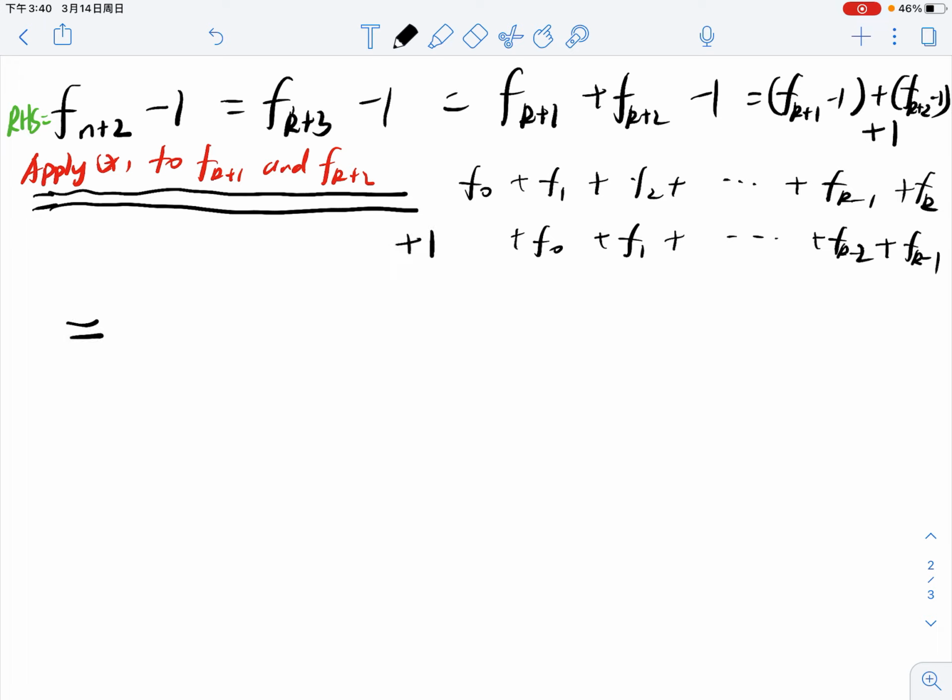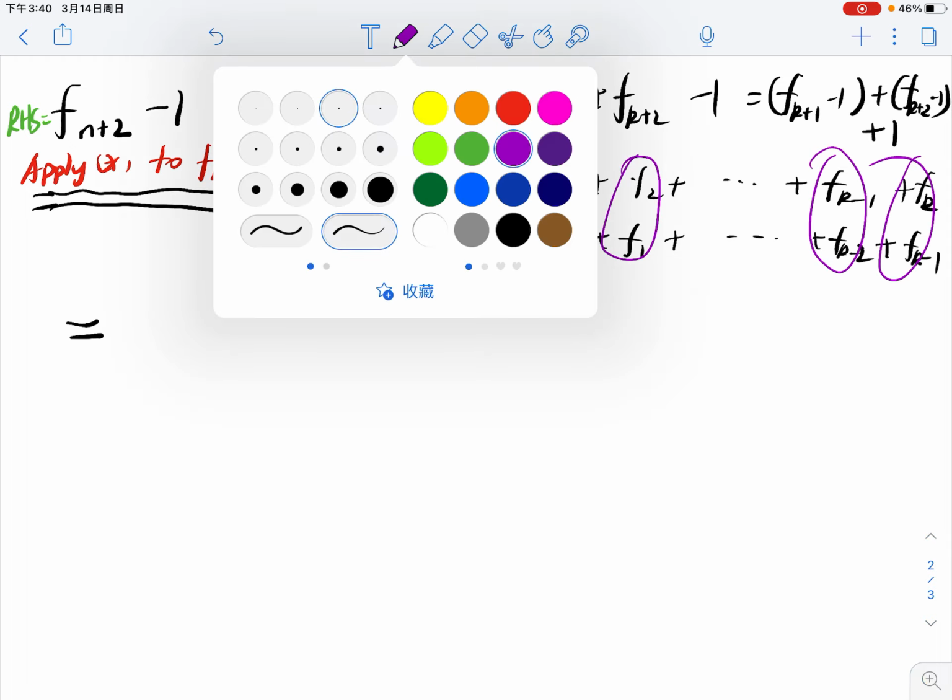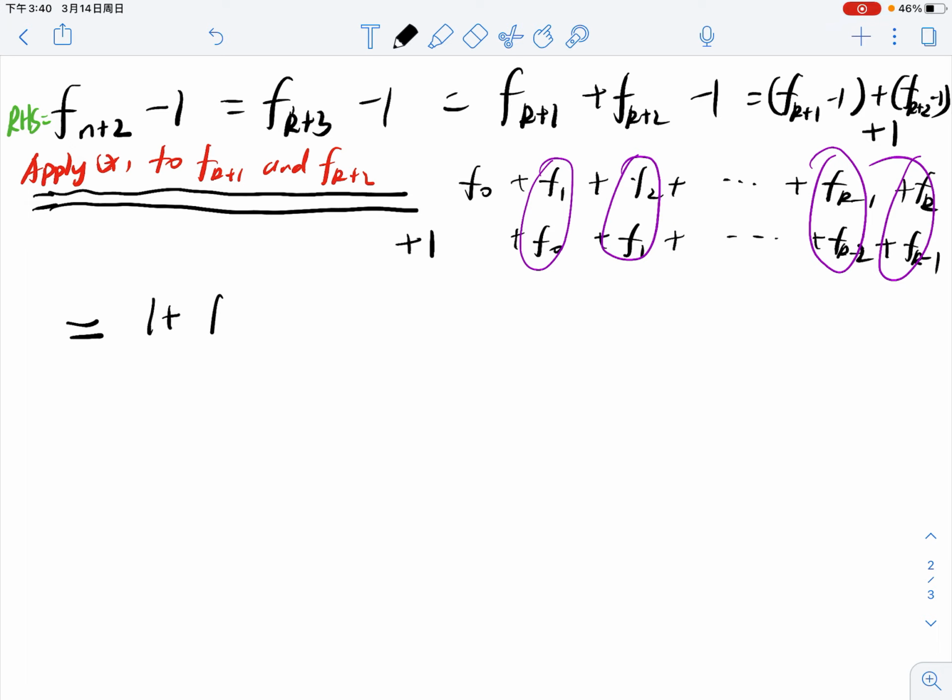Now when you sum this up, notice that here you have a lot of the recurrence relation to use. So you have 1 plus F0 plus F2 plus F3 plus all the way to F(k+1).